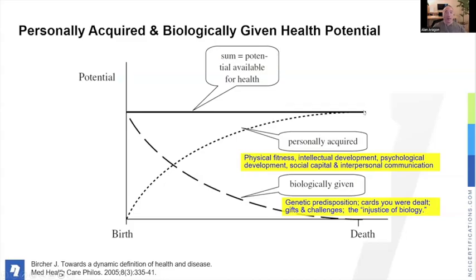So those are the two types of health potential, which are, once again, personally acquired and biologically given health potential. Now, these two types of health potential are going to be important for the next slide, where I describe the relative definition of health.